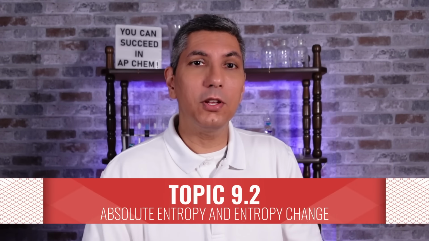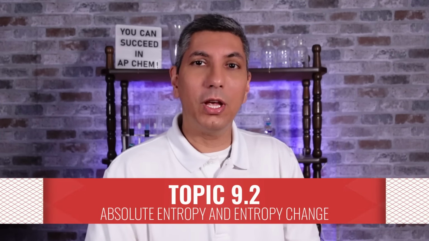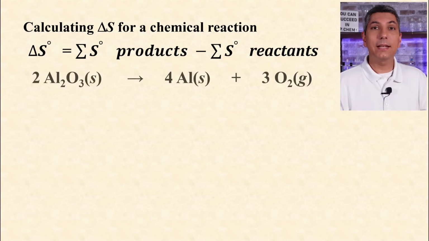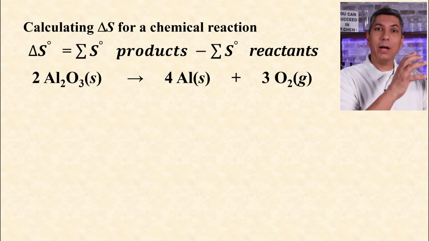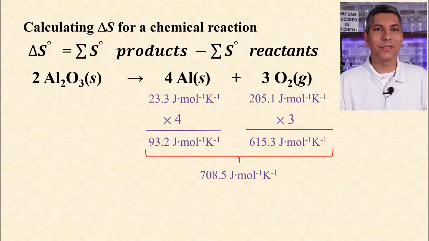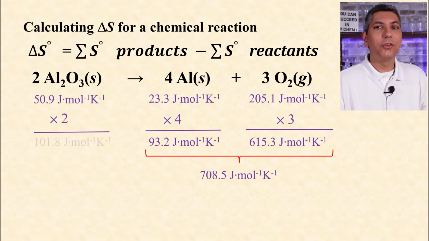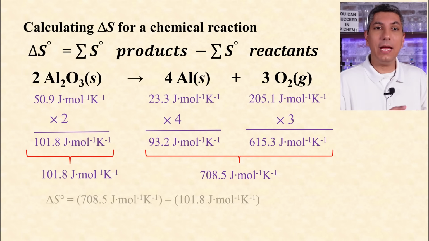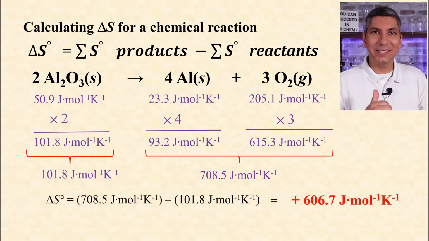We can calculate the entropy of a reaction from the individual entropy values of the substances in the reaction. Take the sum of the entropies of the products and subtract the sum of the entropies of the reactants. This is basically identical to the process for calculating change in enthalpy that we did back in Unit 6.